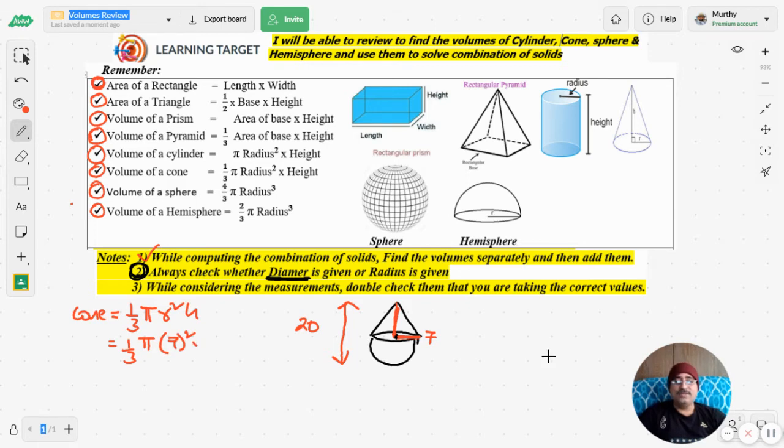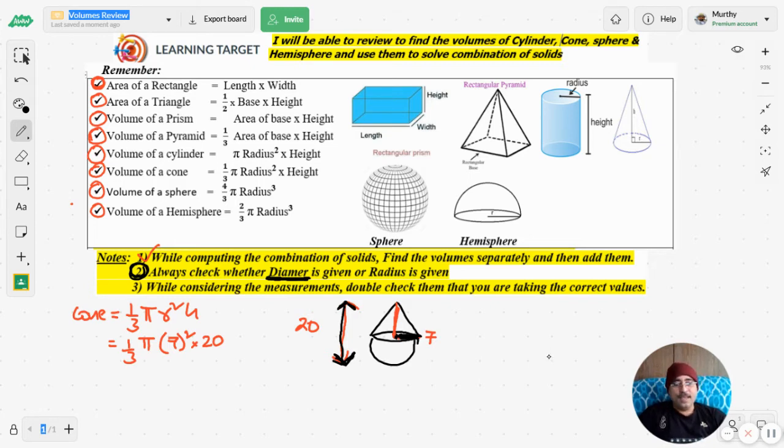What is the height? If you take 20, this is not correct, because the radius is 7 units and the total height of the solid is given as 20 inches.